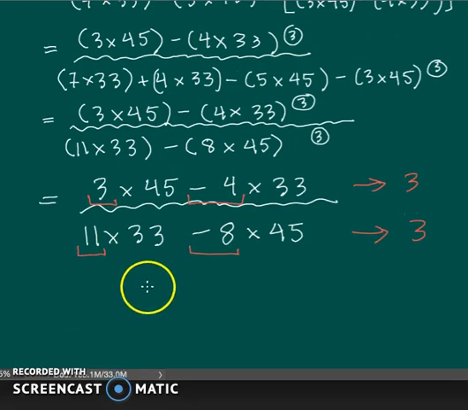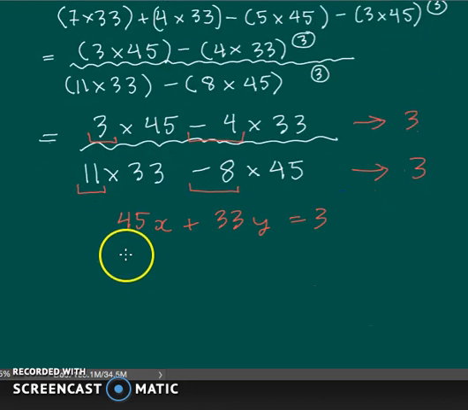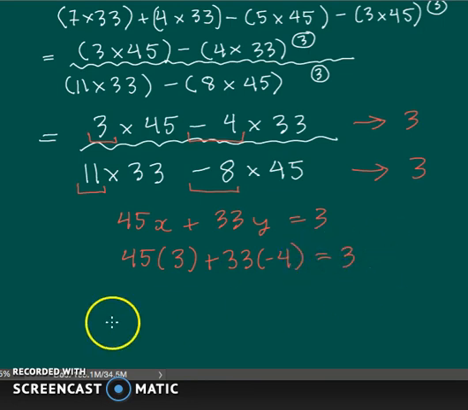So let's think about the original equation that was our question. We had 45x plus 33y equals 3. Well, we've found out what that x and that y could be. Looking at the two equations up here, we can substitute. Instead of x, we can say 45 times up here 3 plus, on the top, 33 is multiplied by negative 4, and that makes 3.